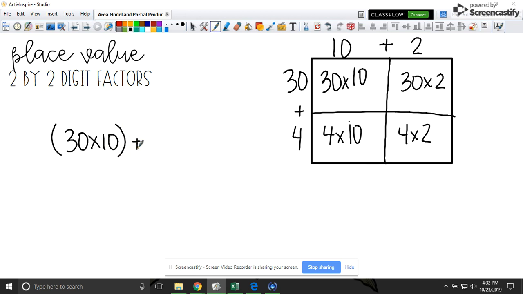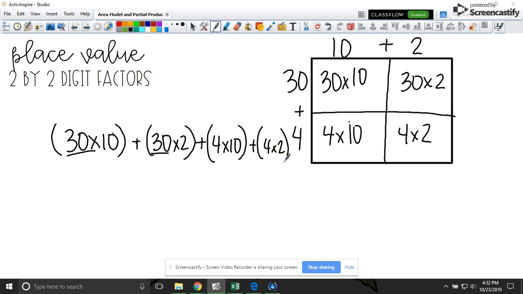And whatever that is, you would then add 30 times 2. So far you got 30 times 12 here. Do you see that where we have 30 times, and then 10 and 2? All right. Then we would add 4 times 10. And then finally 4 times 2.